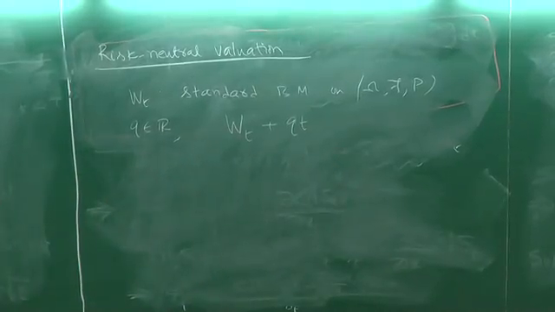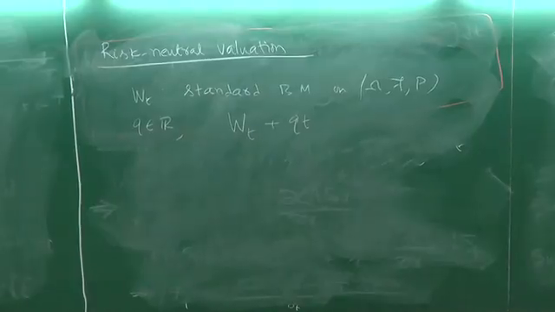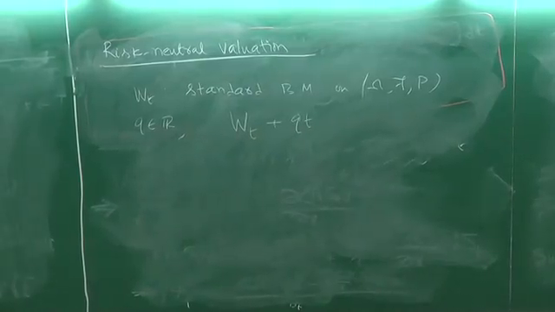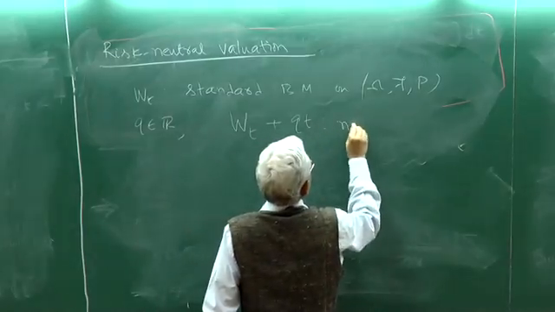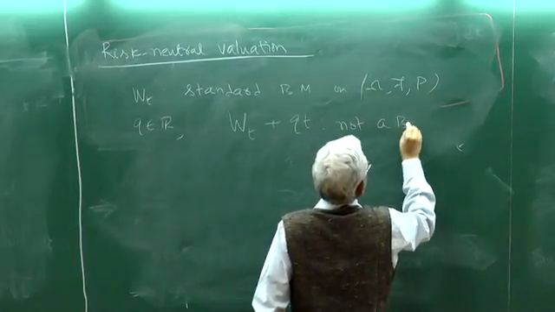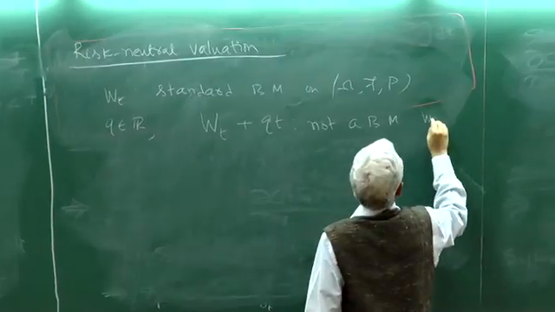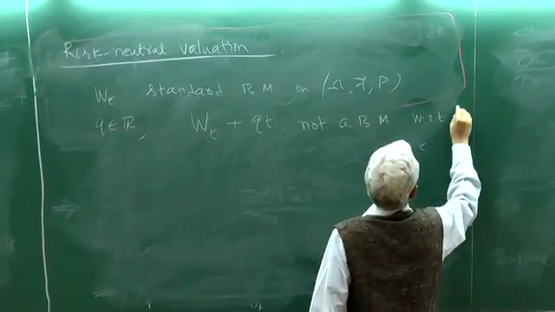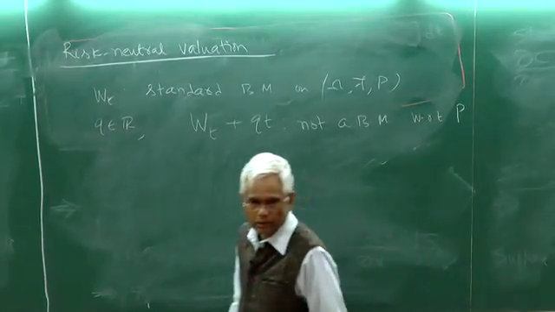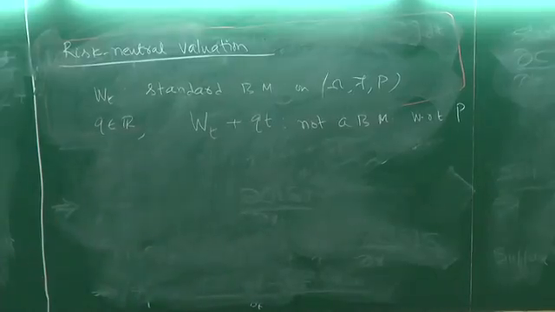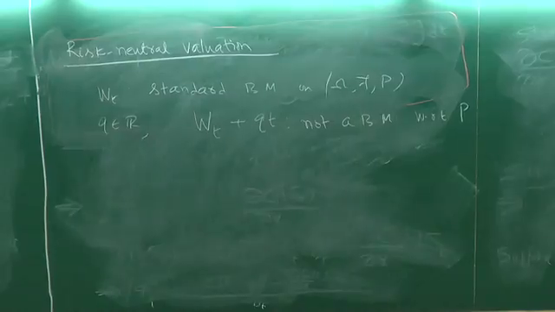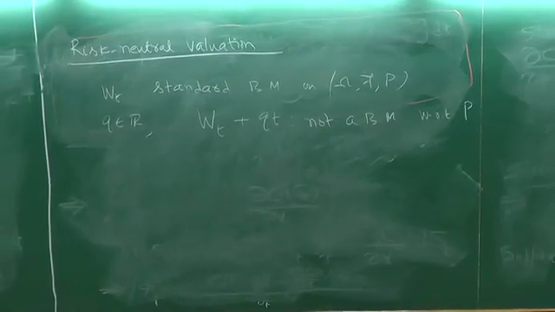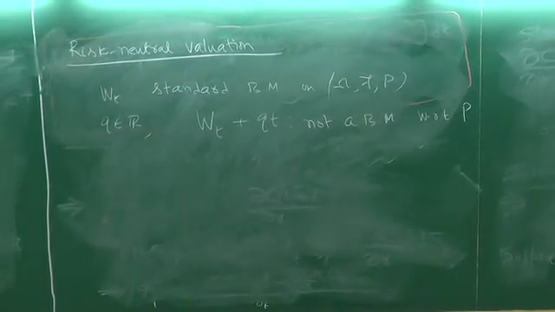This is no more a Brownian motion, because you have perturbed it by some qt. So this is not a BM with respect to P. The question is, can you now change the P so that it becomes a Brownian motion? And the answer is yes.